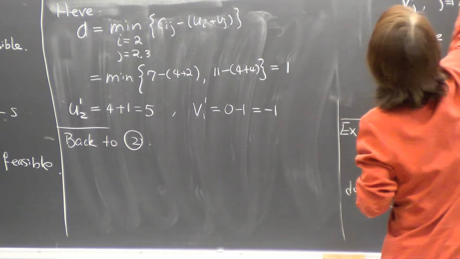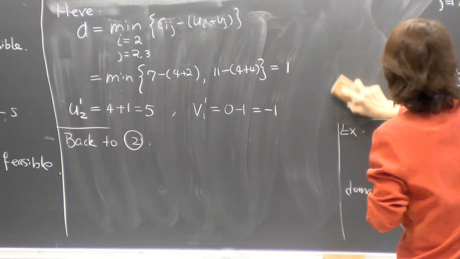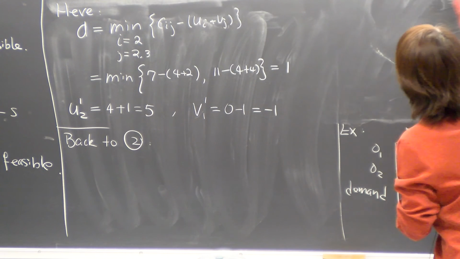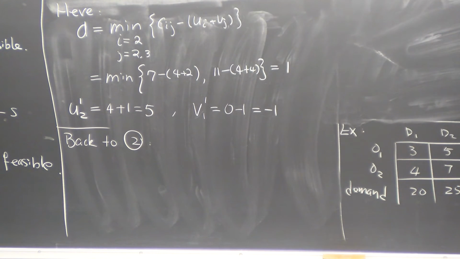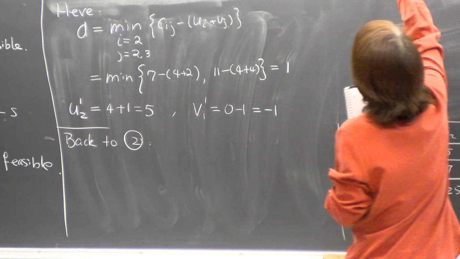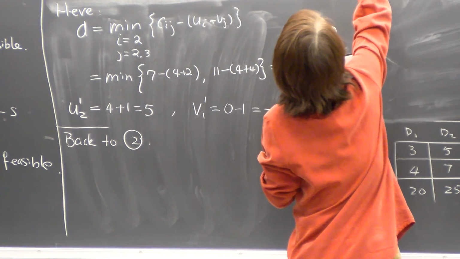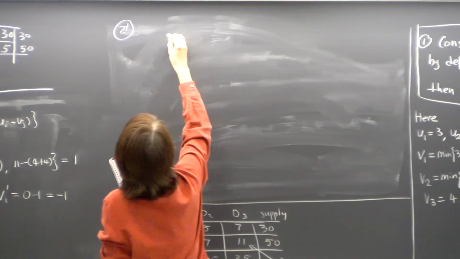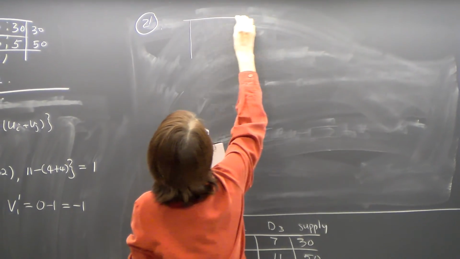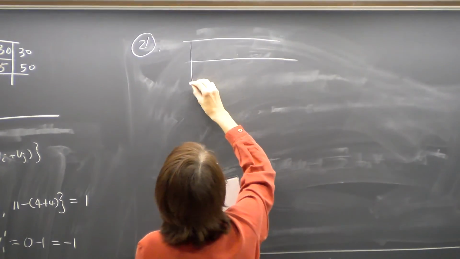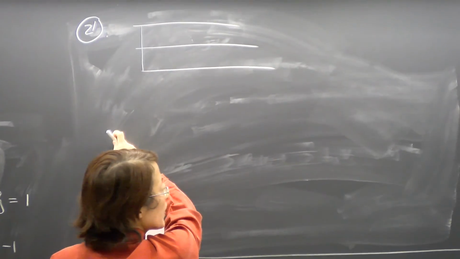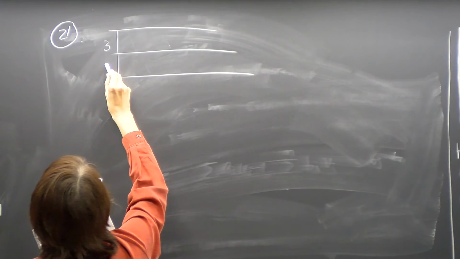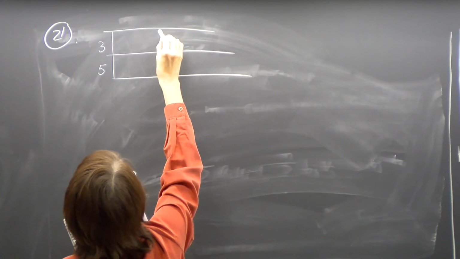Step 2 says form this distribution problem. So for step 2 prime, at this iteration, what do I have? Let's put in the numbers. I have u1 equals 3 and u2 equals 5.